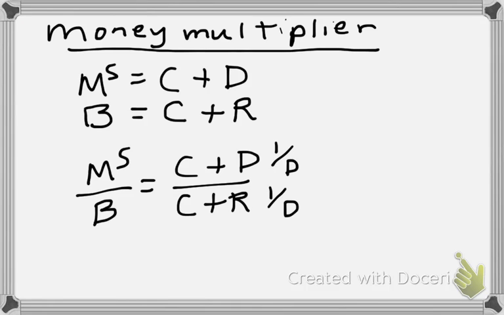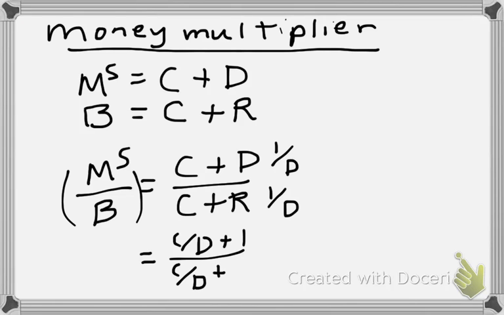Doing so means that the ratio MS over B is still the same. So we're going to get (C over D plus 1) over (C over D plus R over D).